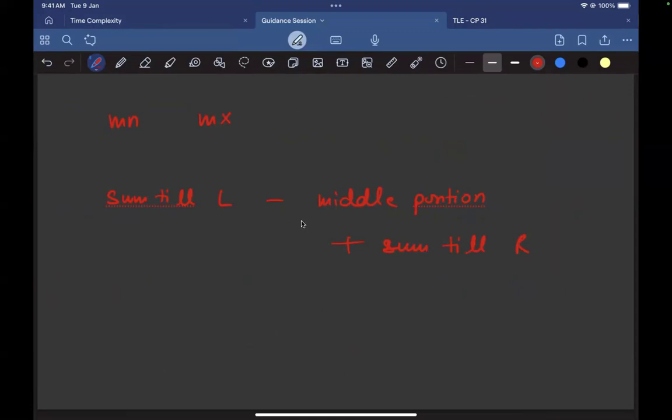Then max will become -1. Exactly. That's right, Dhruv. Is this clear, guys? This is what we want, right? Exactly, Pawan. Very good observation.